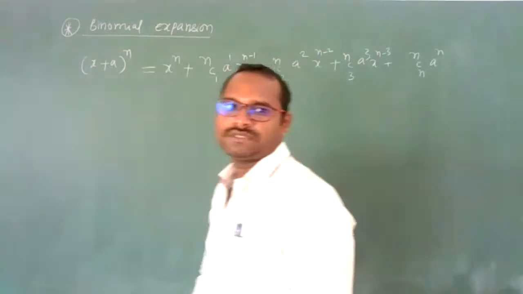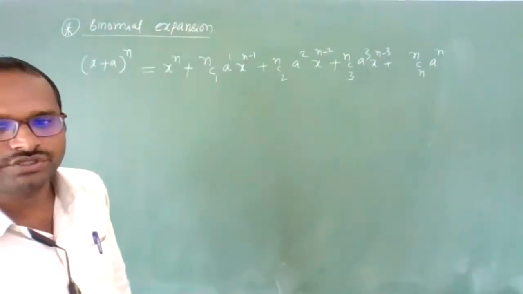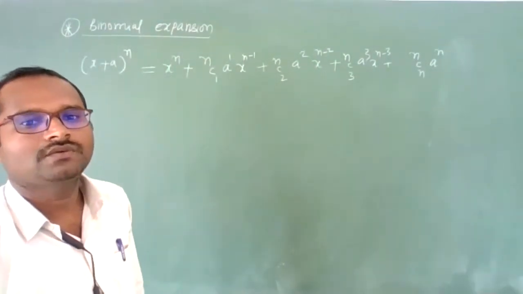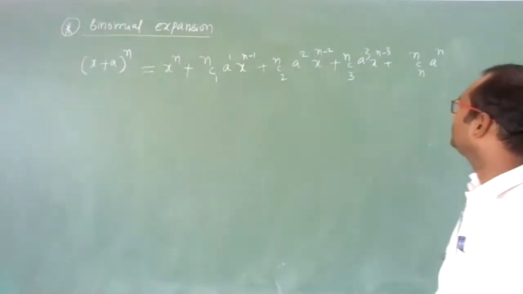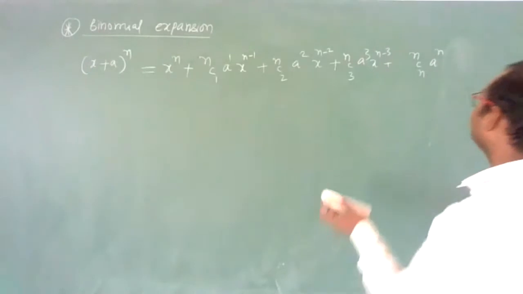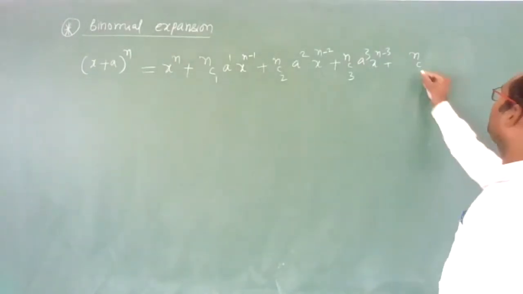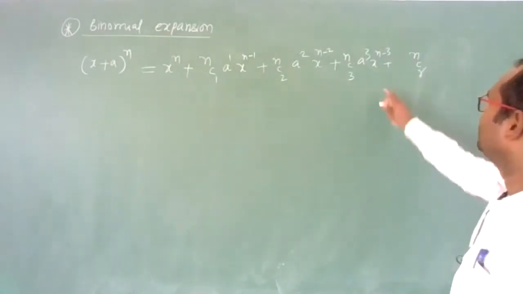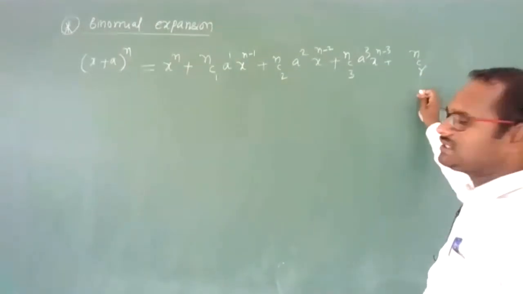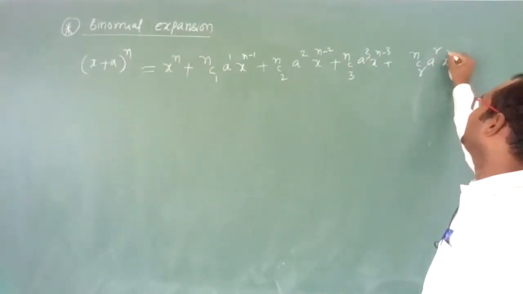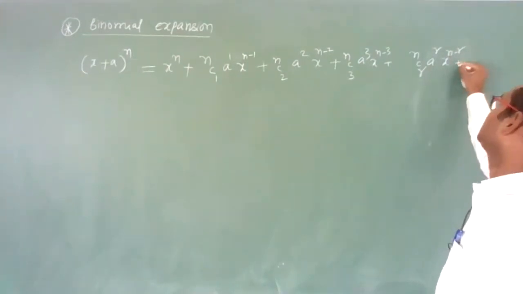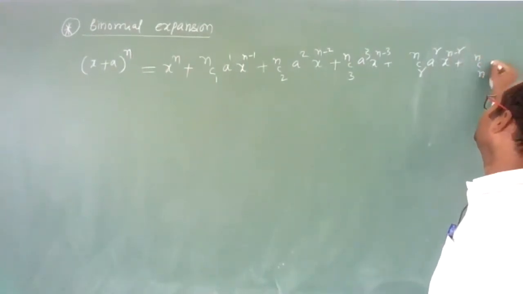Okay students, now in this expansion, if you take the rth term, nCr, then before it the n-1 r term is also there, you can write a power r into x power n minus r, and so on, up to nCn into a power n.